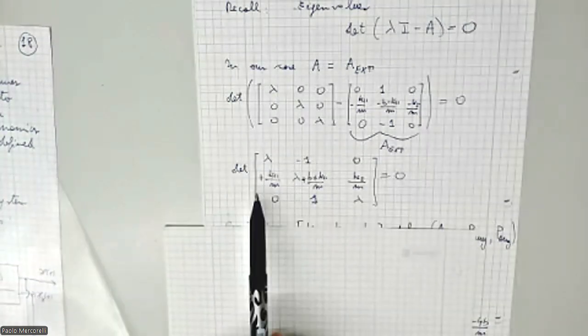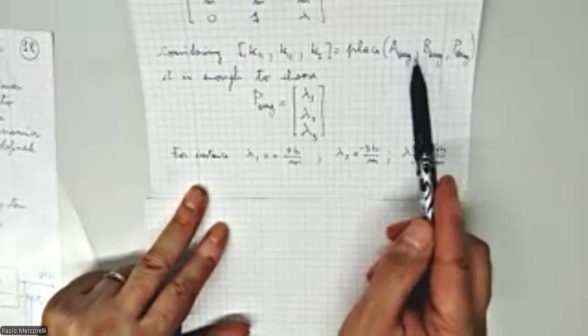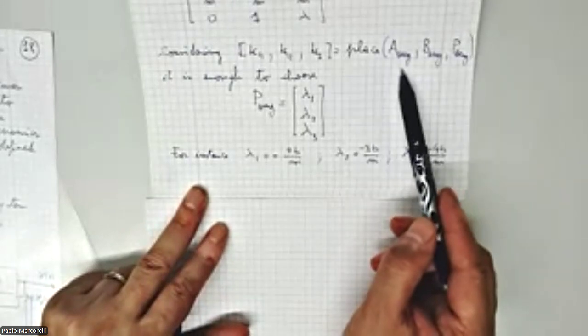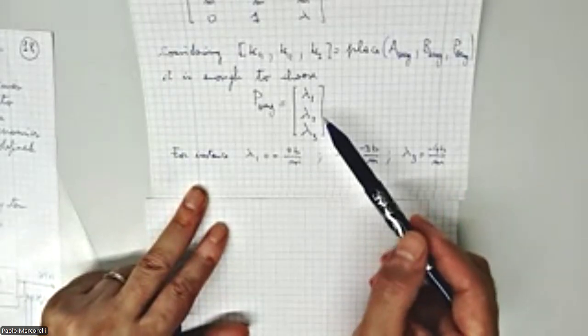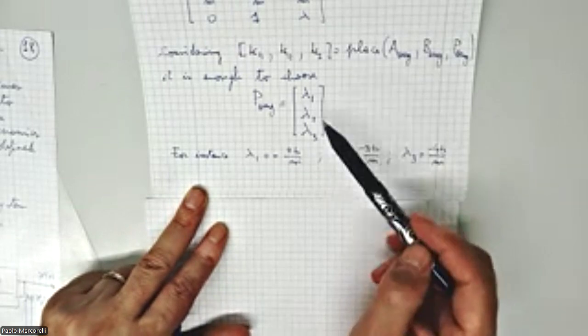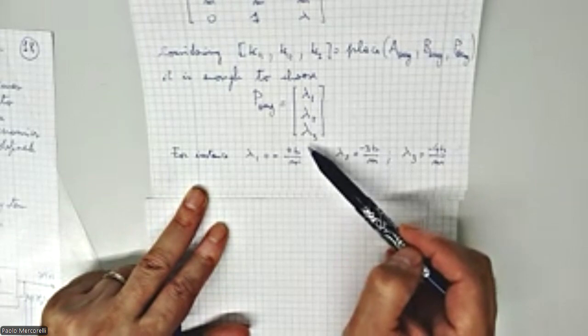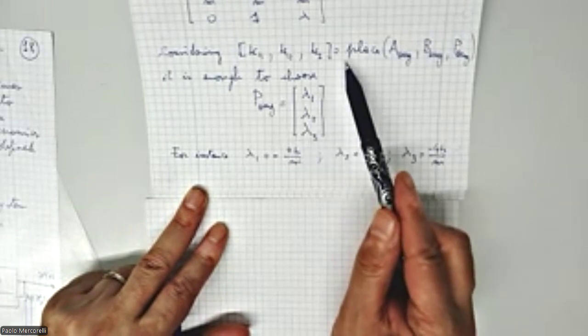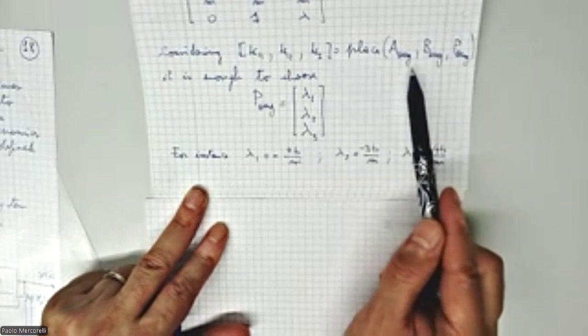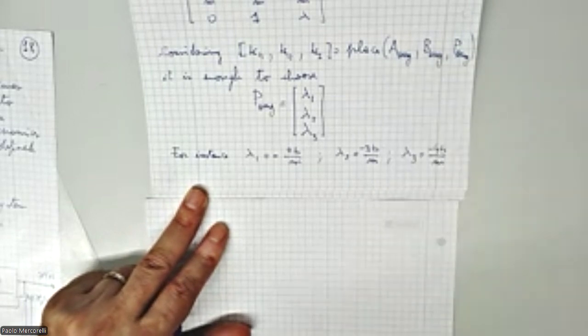If I have the value of lambda 1, lambda 2, and lambda 3, of course, the computer does this in a few seconds. We have seen last time, a few seconds, nanoseconds, in which if I assign lambda 1, lambda 2, and lambda 3, the computer will, using MATLAB, for instance, with this place function, calculate very quickly.